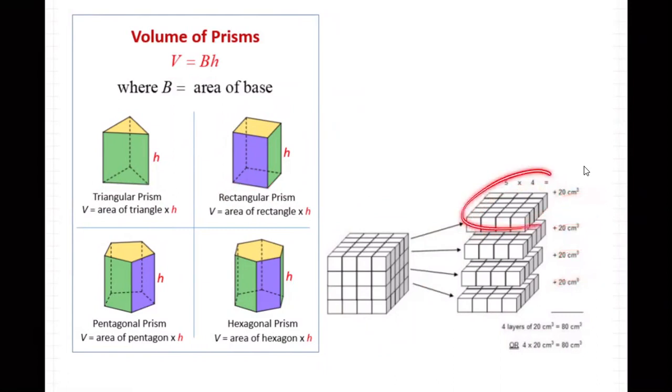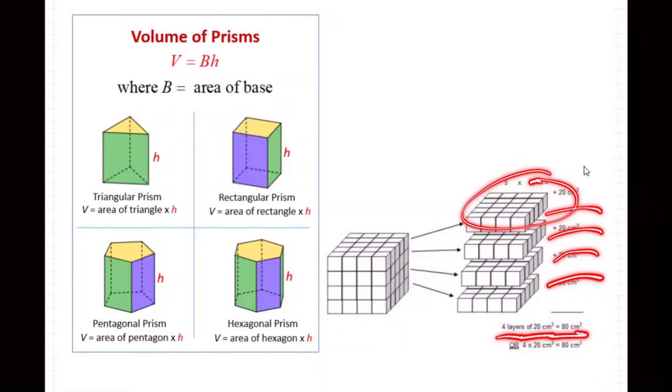Find the area of one layer, 20 cubes, times 4 layers height. 4 layers high of 20 cubes in every layer is 80 cubes. That makes sense, doesn't it?